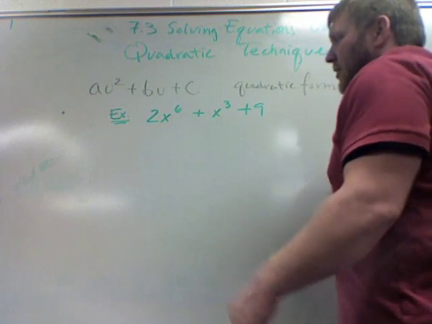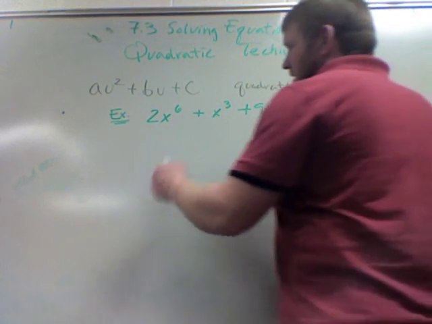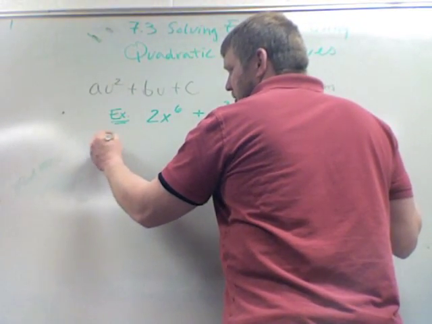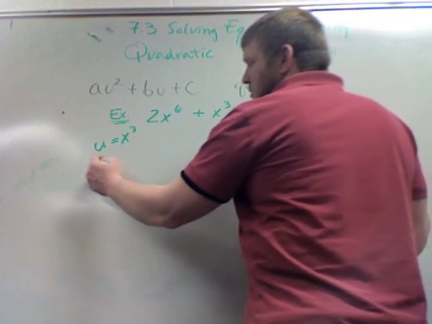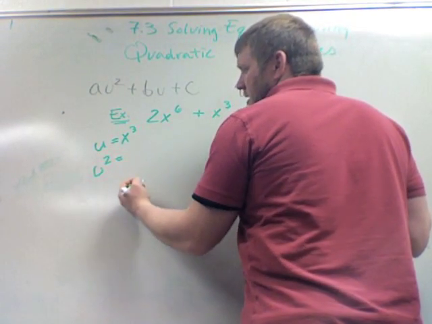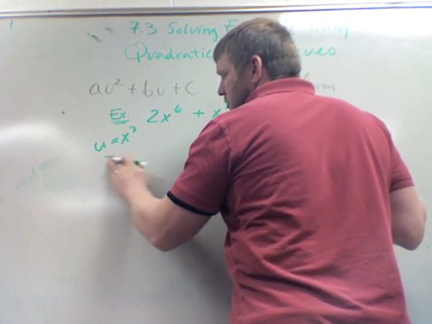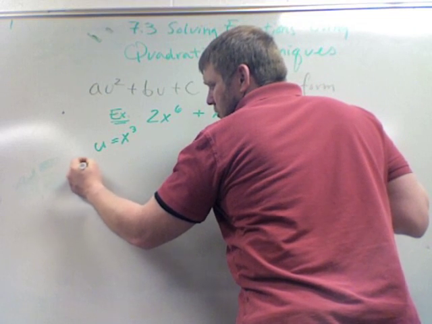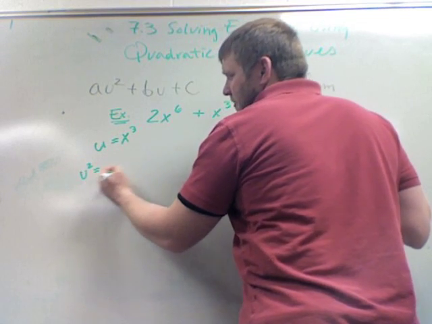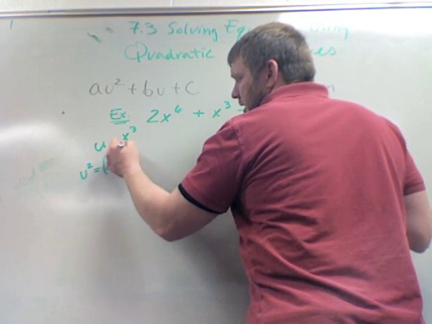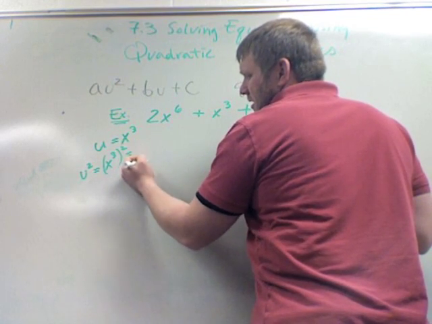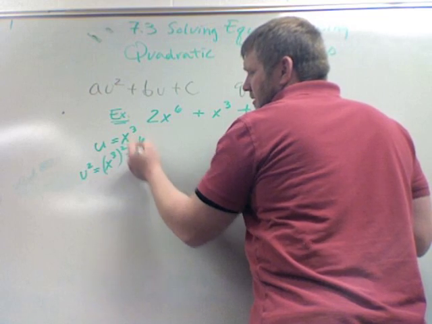The only way that u substitution works in this case is if I let u equal x cubed. Then u squared would be the same thing as x cubed squared, which is x to the 6th.